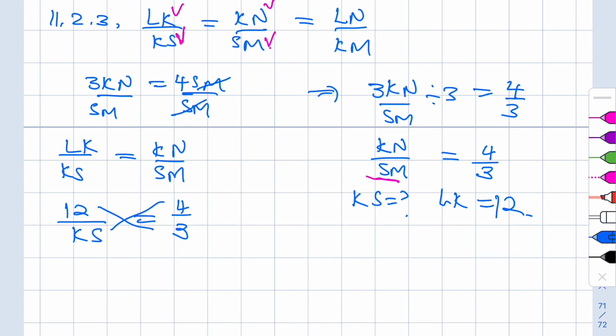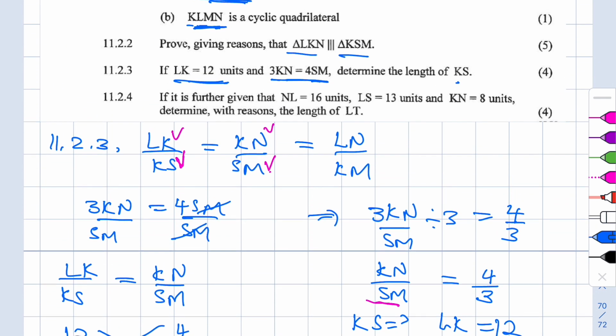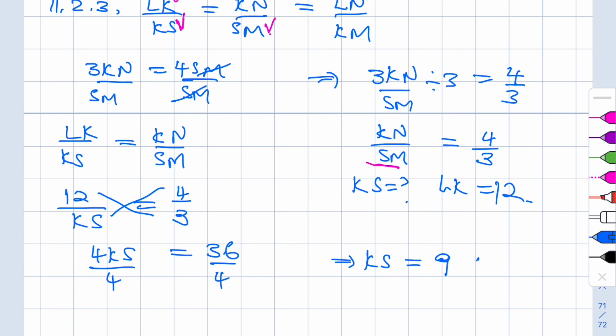So you have 4KS is equal to 36. Then you just divide by 4. You get KS equal to 36 divided by 4. That will be 9 units. And then that's the end of that question.